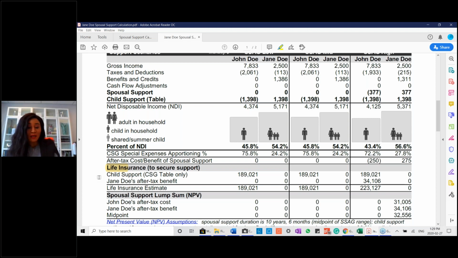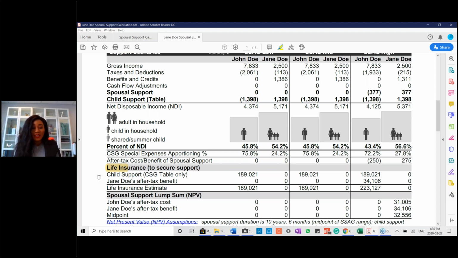Or if she were also getting the $377, that's about $1,700 that Jane might really need to live on a day-to-day basis, that she no longer has access to, because John has unfortunately passed. That's why life insurance is important, to secure spousal support. So make sure that when you're negotiating your spousal support, you factor in security for support.